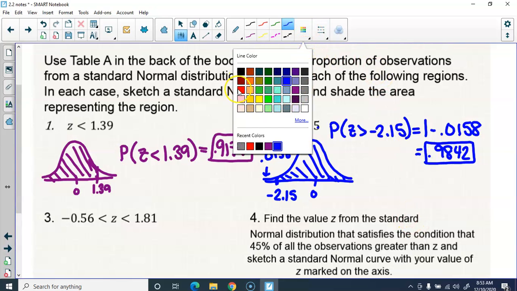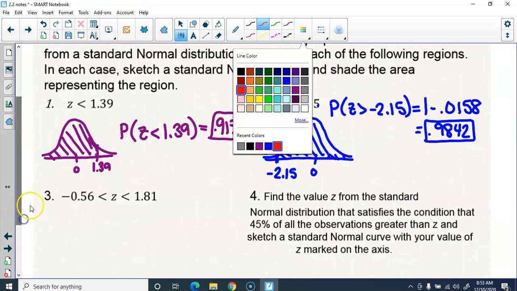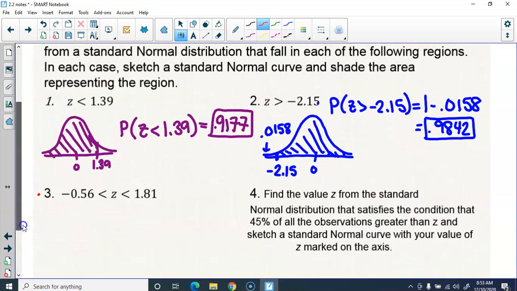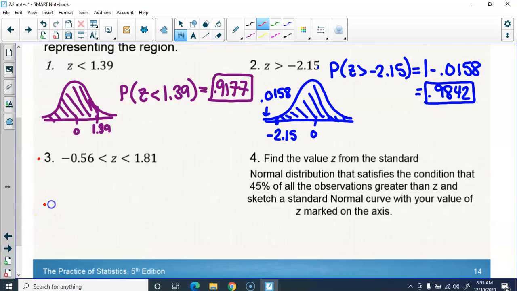Okay, now we have a problem that's between two Z values. It's going to be between negative 0.56, maybe here, and 1.81, which might be here.